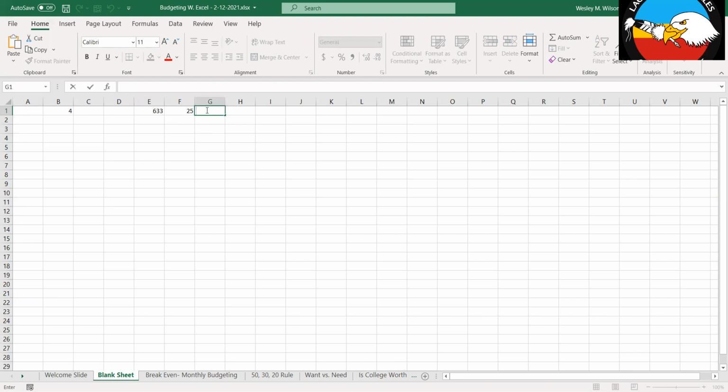You're going to try to figure out what that number is. You can, again, hit the equal sign, write sum. Go ahead and take your starting balance, 633. You're going to minus the 25 that's been reduced from your account. Click this button, and that's what you end up with as your remaining balance.